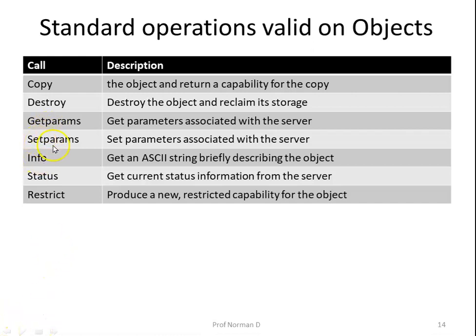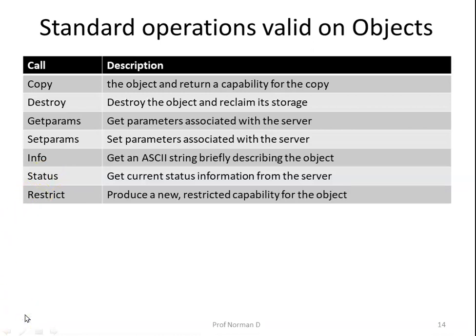The get params and set params calls normally deal with the server as a whole rather than with a particular object. They allow the system administrator to read and write parameters that control server operation. The info call returns a short ASCII string describing the object briefly. The information in the string is server dependent.